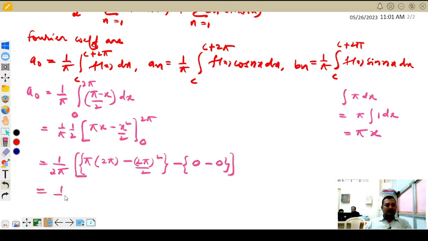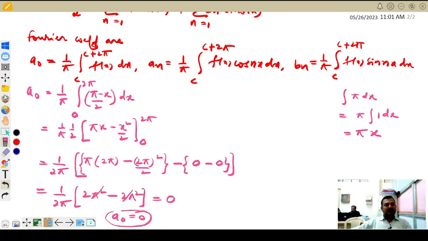So you will get 1 by 2 pi times 2 pi into pi is 2 pi square, minus (2 pi) square by 2, which is 4 pi square by 2, again 2 pi square. So 2 pi square get cancelled, is 0. That is, a naught is equal to 0.